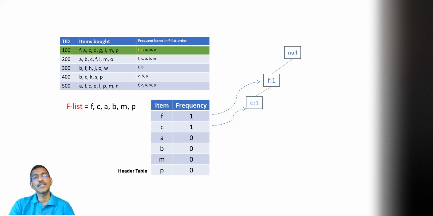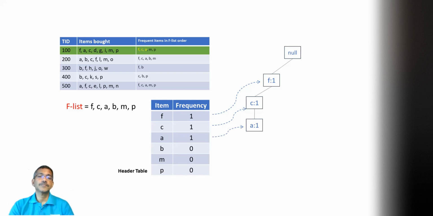Therefore, we add another node to F, saying there is a pattern that is building up, which starts from F and then C. Similar to what we did for F, we put a C in and put 1 to the frequency of C. Remember, whenever we see an item, we update the frequency count. We do the same thing for A, FCA.